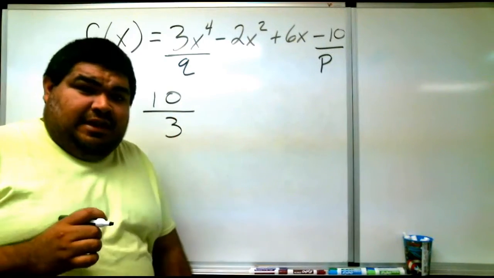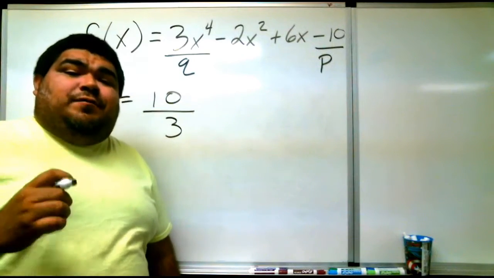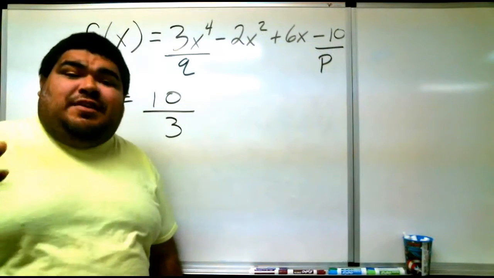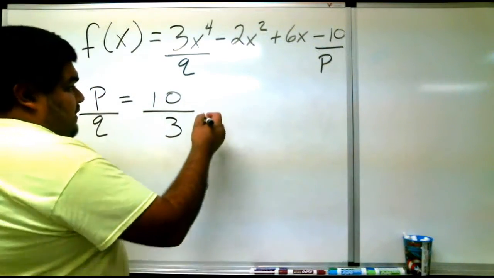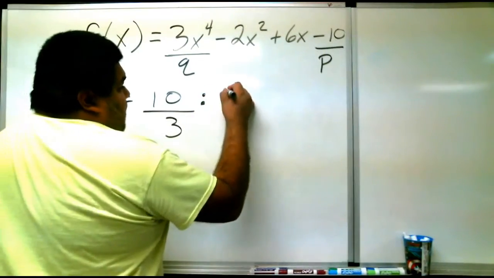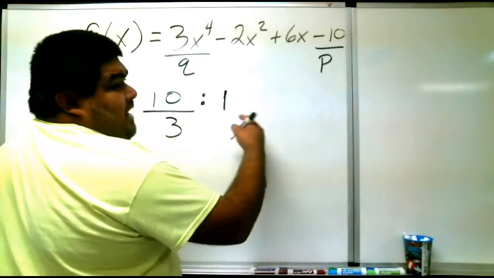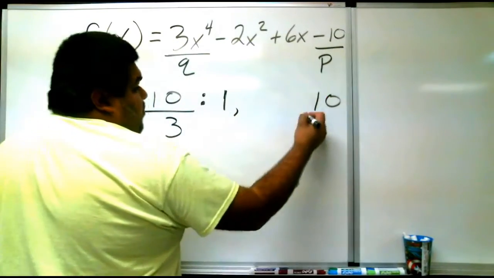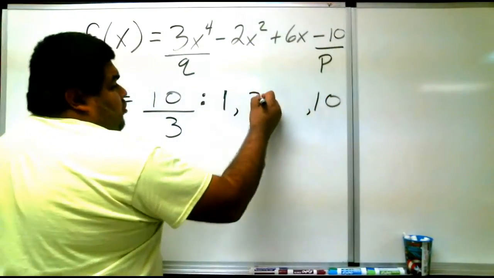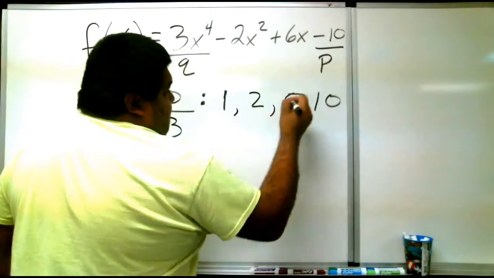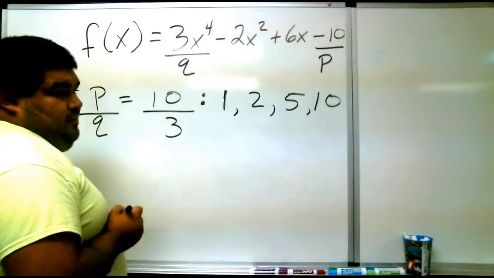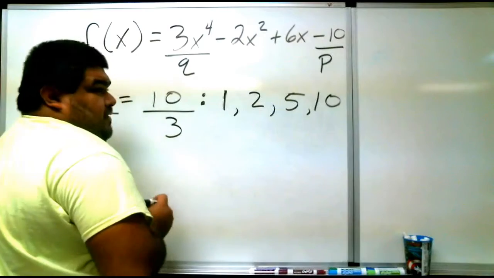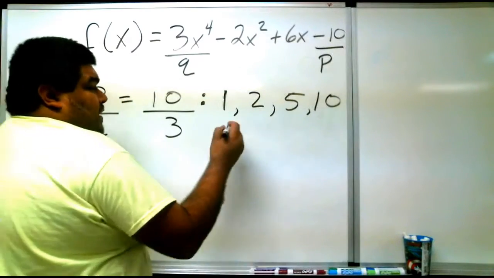Now that we have that, we have to break down the 10 into all its factors. Meaning, 1 times 10 gives you 10. You also have 2 times 5 gives you 10. So those are all of the factors of 10.